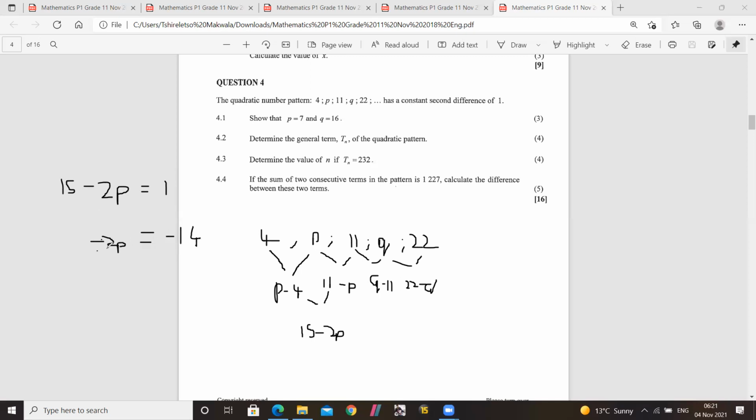Then divide by 2 on both sides. Then you're gonna get that P is equal to 7. So you showed that P is equal to 7. Because we know for a quadratic pattern that this part here is the second constant difference, and they told us that it's 1 here. That's why we were able to calculate it there.